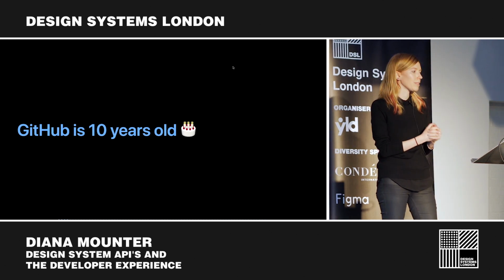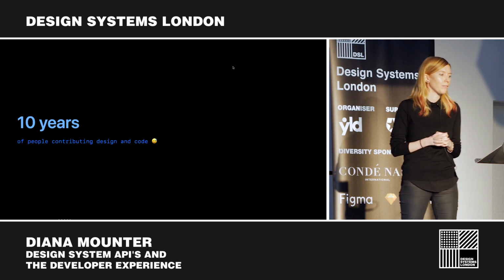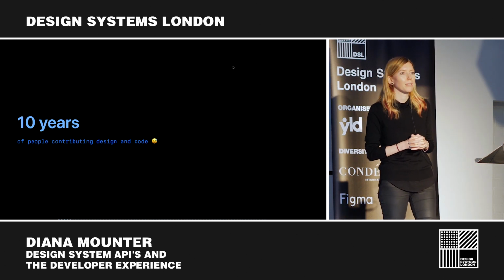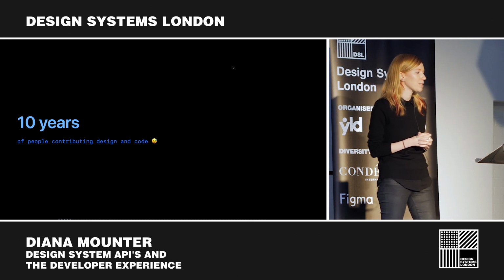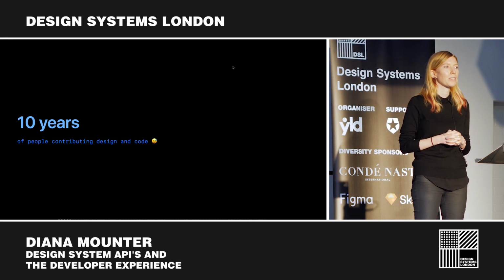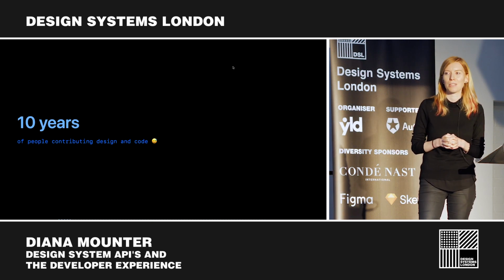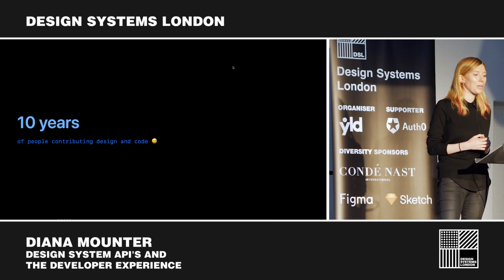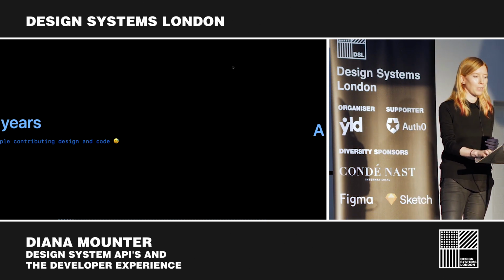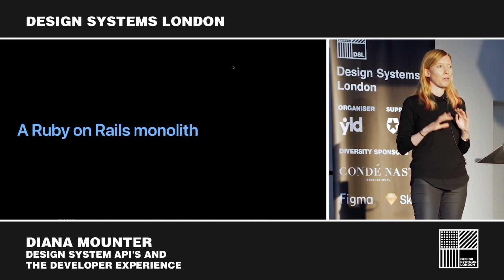GitHub is 10 years old, and so that also means 10 years of hundreds of people contributing design and code. As some people have mentioned today, that creates some challenges, some code debt. I don't maybe have to deal with some of the scale issues that Adobe has to, but it's a lot sometimes. It's also a Ruby on Rails monolith, not monorepo, monolith.